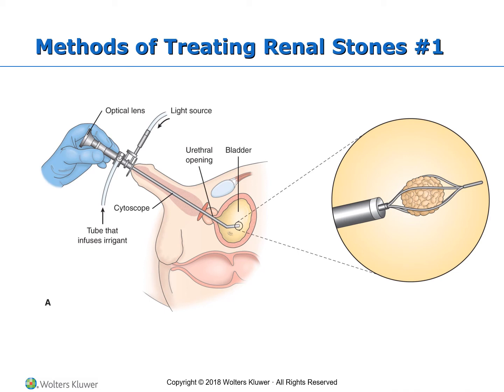They can place a stent in the ureter to keep the ureter open while they're waiting for the stones to pass, and then the doctor will go in and just pull the stent, and that can be done in the doctor's office.